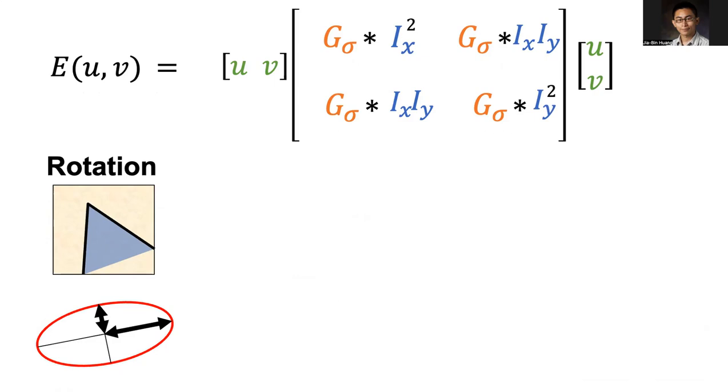Yeah, so if it's an in-plane rotation, which means it only rotates this way, then the shape of this 2D thing will not change, and it will give you exactly the same score.